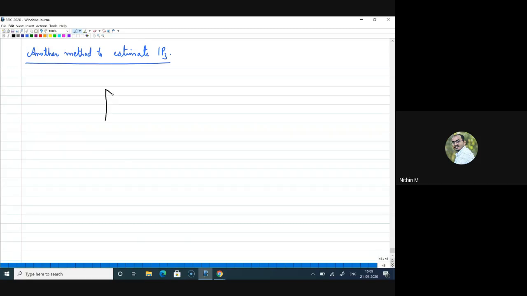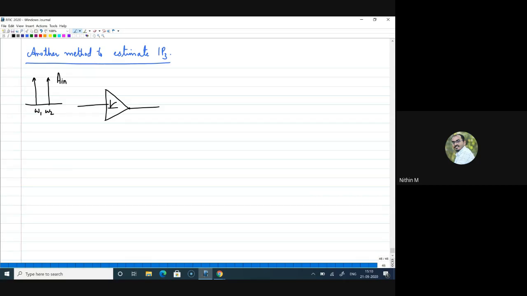Again, for the nonlinear system, assume that we are applying two signals at frequencies omega 1 and omega 2, and the amplitude is A in.